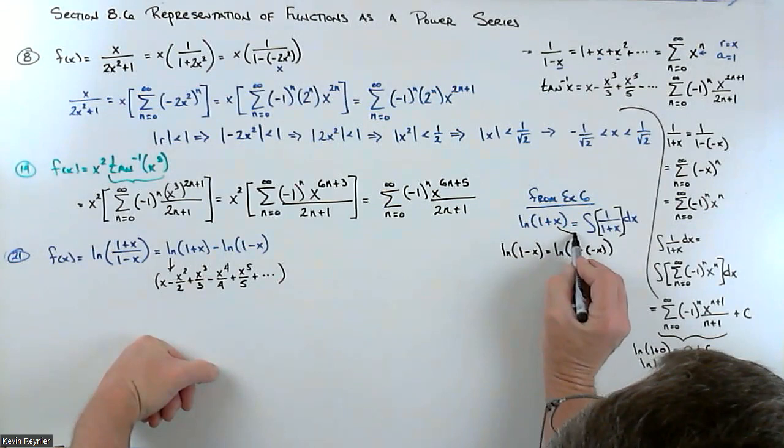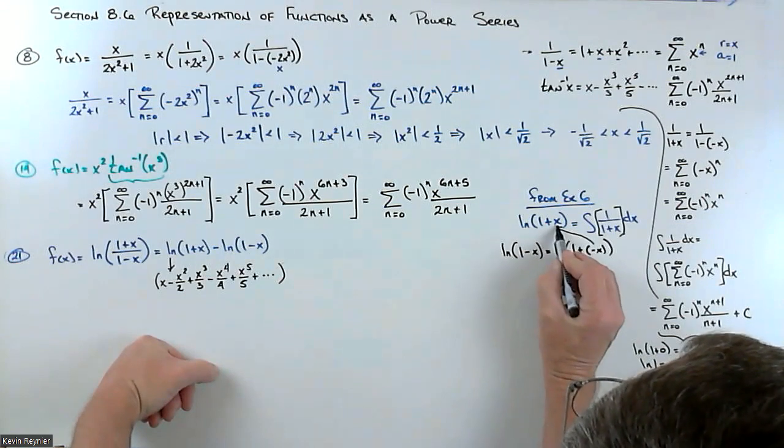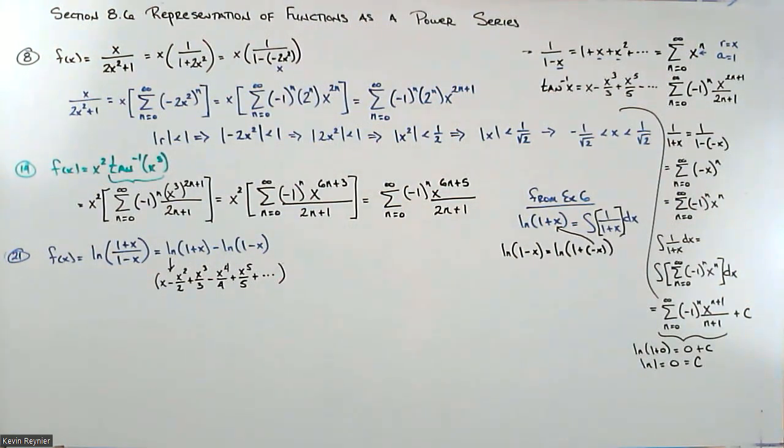So we can come over here to the series representation and put in minus x everywhere there's an x. Or we can come over here to how we wrote it out, because we copied it from example 6, and put a minus x every place there's an x.